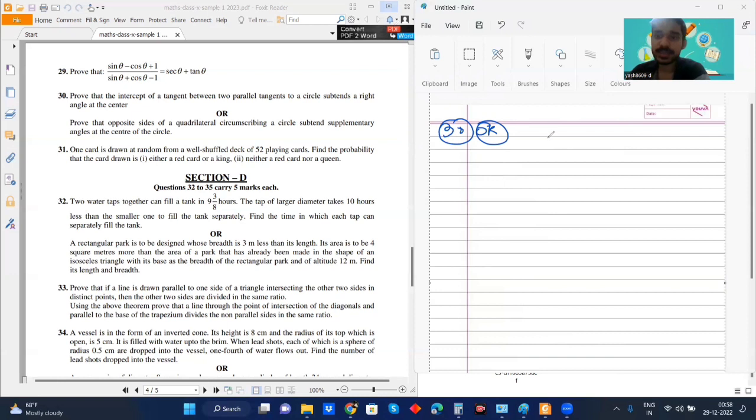Now next is our question. Prove that opposite sides of a quadrilateral circumscribing a circle subtend supplementary angles at the center of the circle. So let us consider a quadrilateral ABCD, which has a circle inside it.